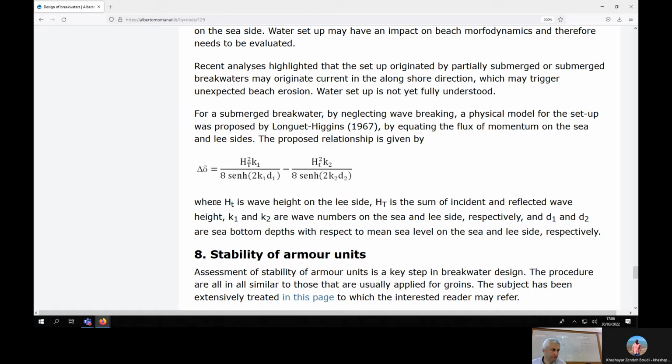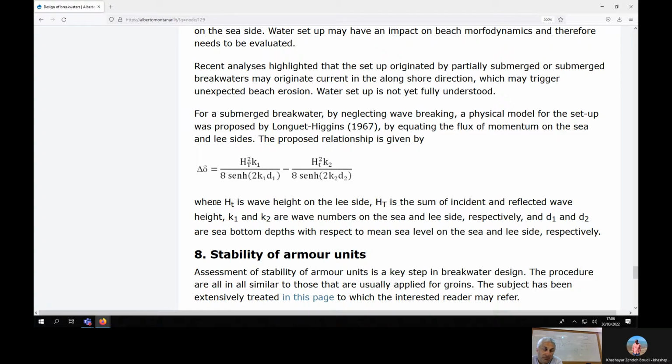And sorry, groins, so perpendicular breakwaters, have the same problem, or probably less? No, less than that, because the groins basically contrast the longshore movement of waves, and it's less energetic than the cross-shore movement. So you don't notice it.